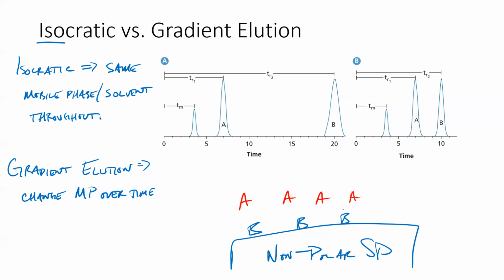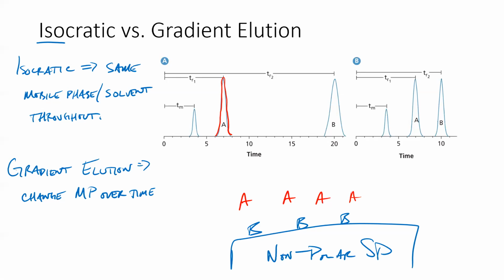So our polar mobile phase is going to pull that A off pretty quickly because he doesn't interact a whole lot with the column, right? And so that A peak shows up early. Okay? But then the B, because it's still a polar solvent and a pretty non-polar analyte, he's got to be polar enough that he dissolves in the solvent.